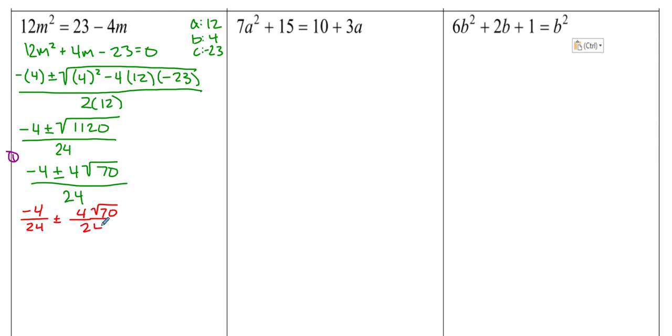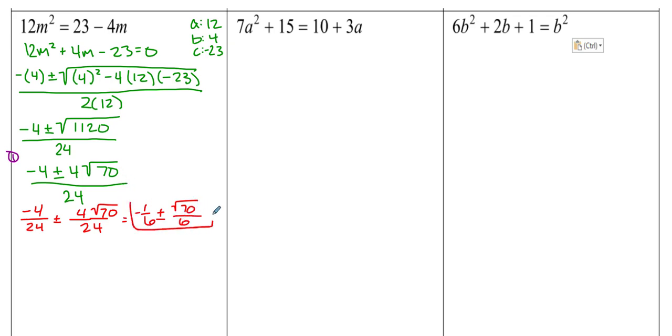Okay. And then now we can simplify this fraction. So this negative 4 over 24 is going to be a negative 1/6. Okay, and then we have a plus or minus, and 4 over 24 again is 1/6, but 1 times radical 70 is just the same as radical 70 over 6.